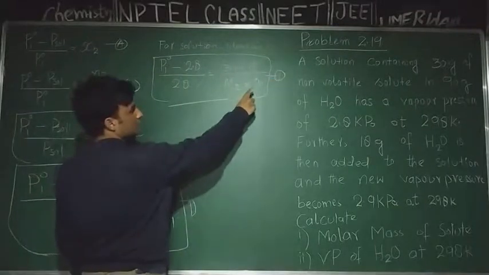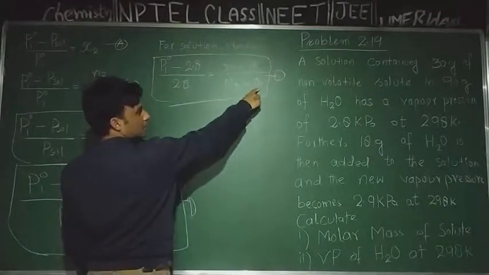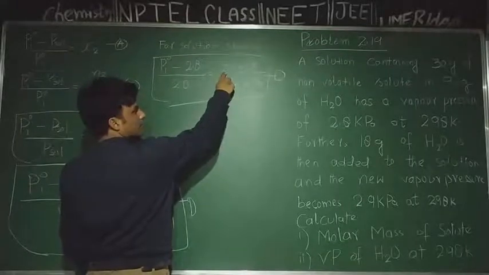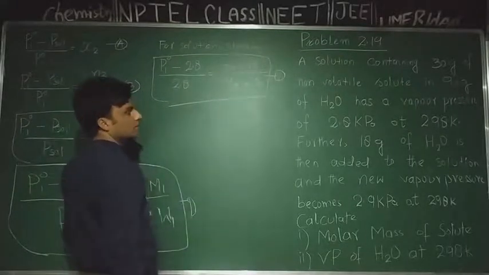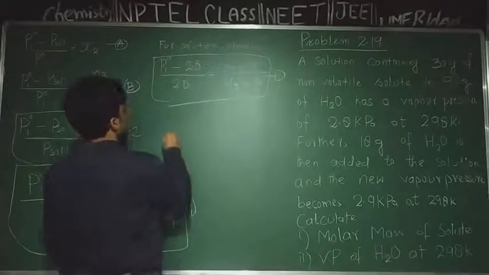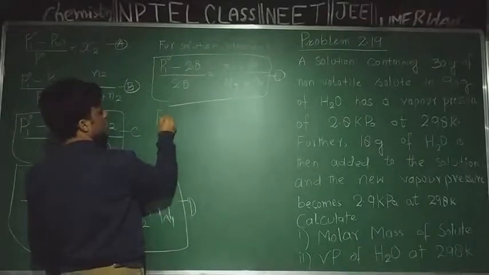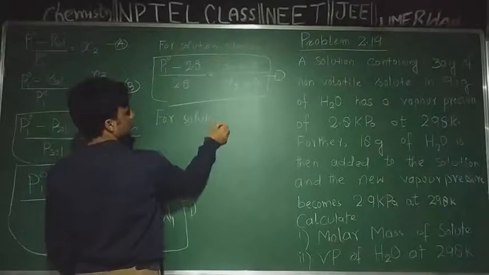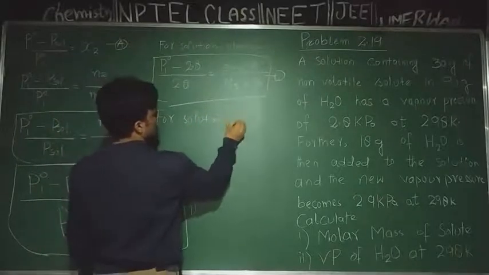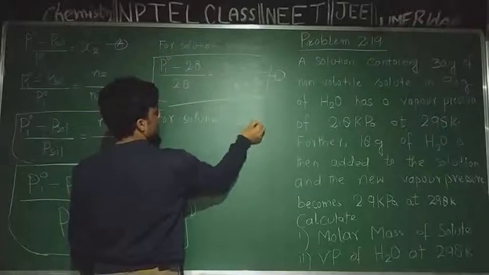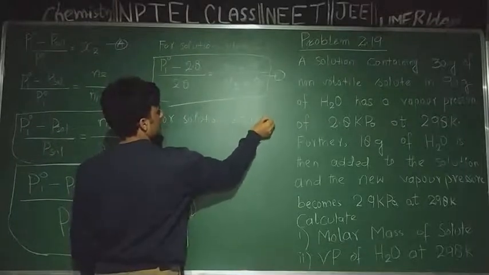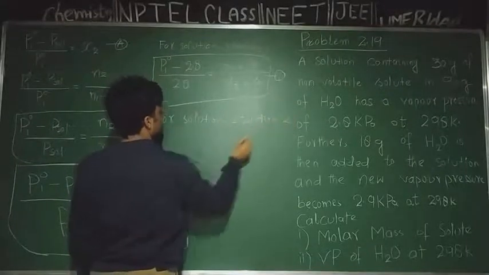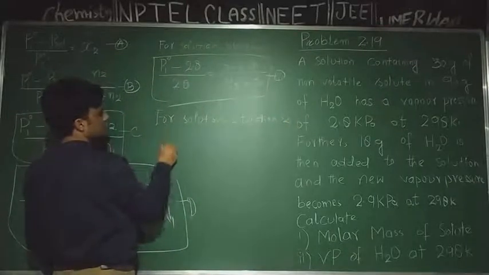Situation 1 is where 30 grams of non-volatile solute is dissolved in only 90 grams of water, and for same solution but in situation 2, weight of solvent is different.